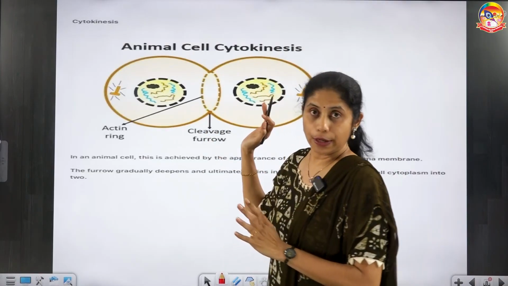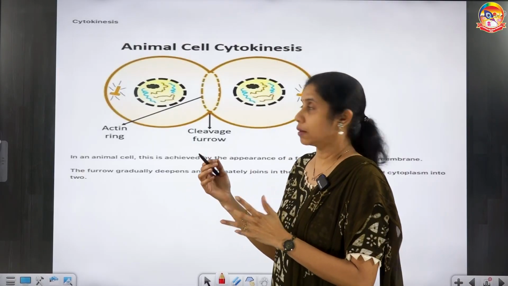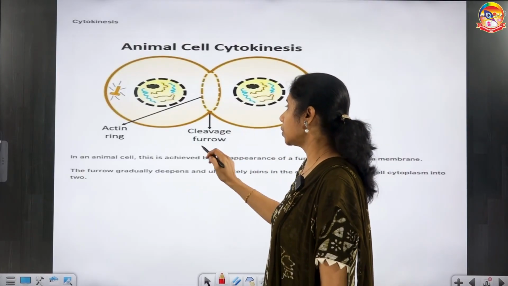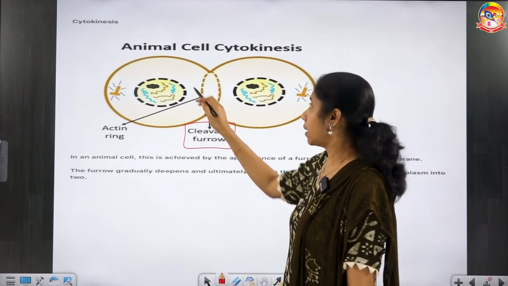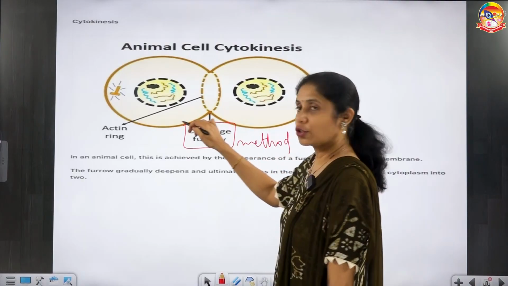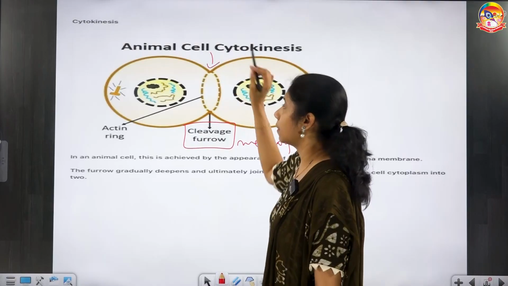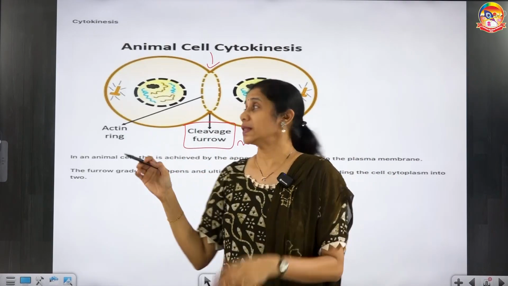In animal cell, cytokinesis will happen by the end of the telophase only. It will start, and this structure is called the cleavage furrow. In animal cells, it occurs by the cleavage furrow method. One furrow is actually formed in the middle of the cell, and the plasma membrane will constrict in the center of the cell.